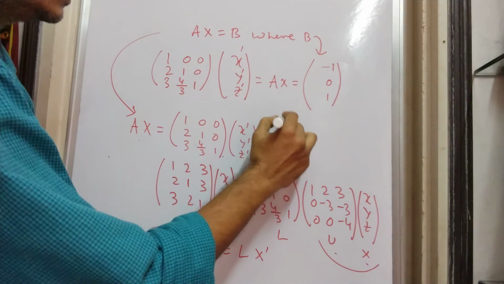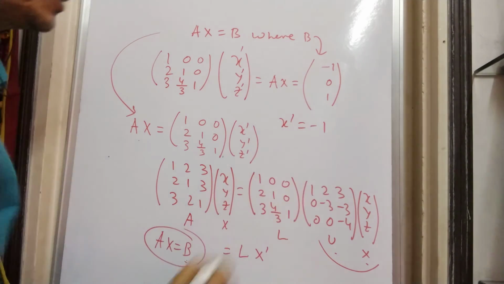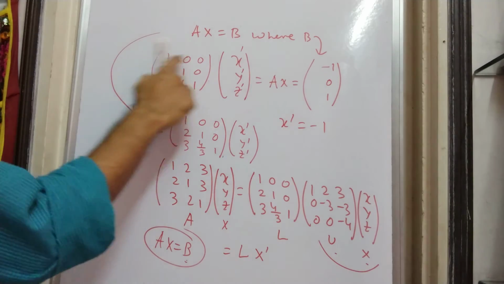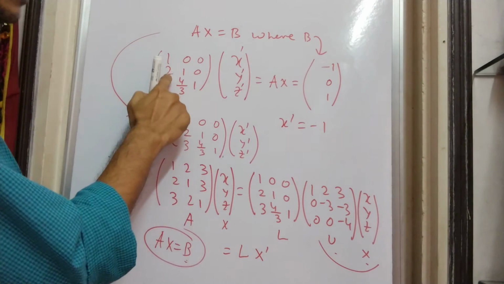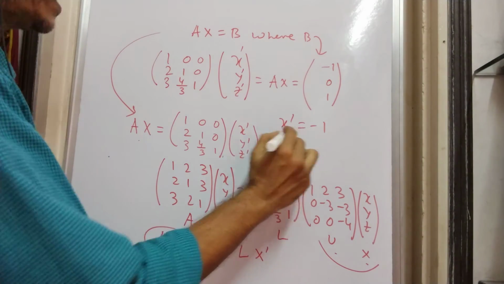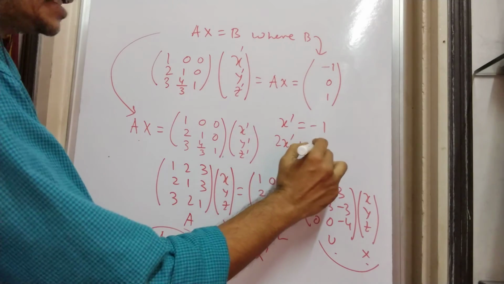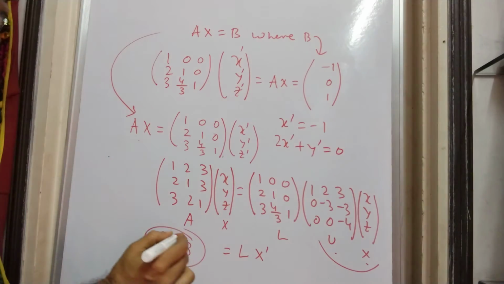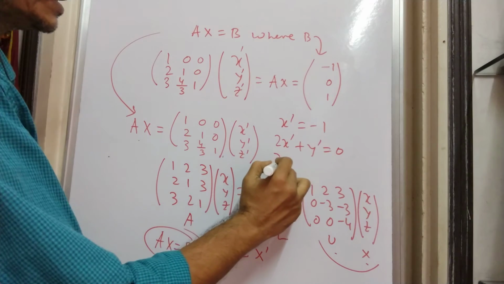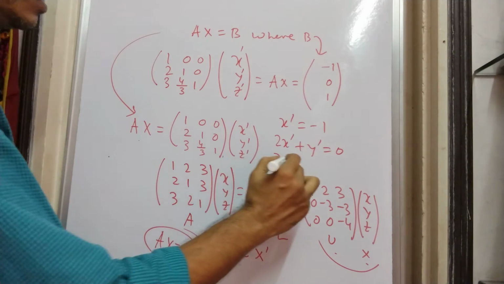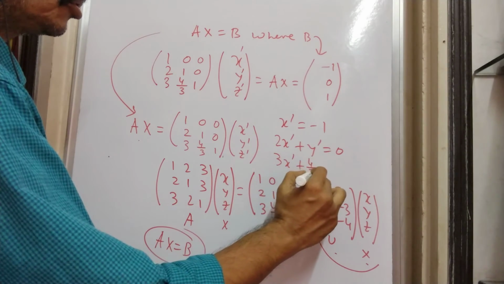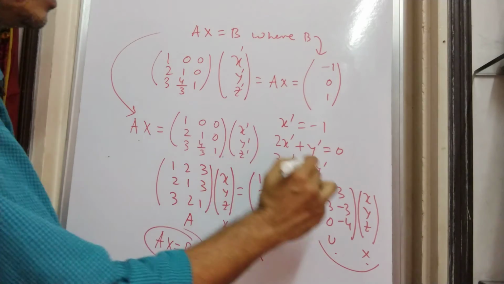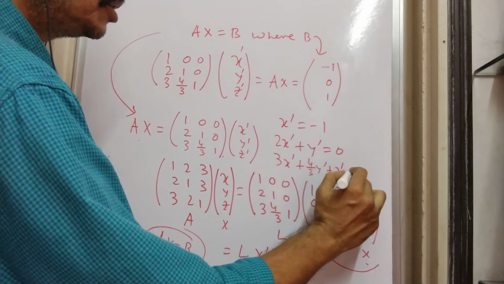So we have x prime equal to minus 1 directly from here, and then we have 2x prime plus y prime equal to 0, and we have 3x prime plus 4 by 3 y prime plus z prime equal to 1.